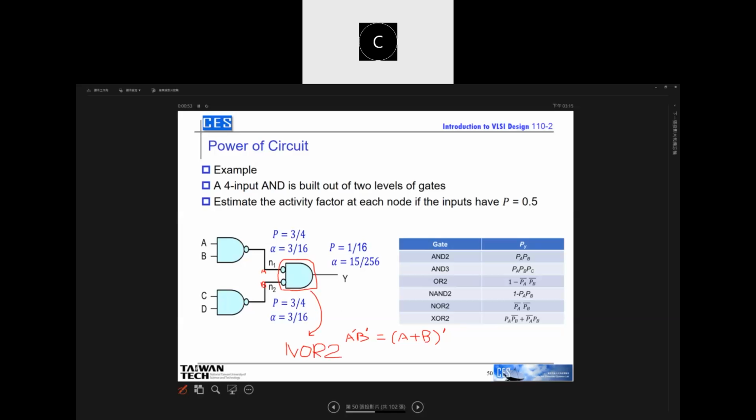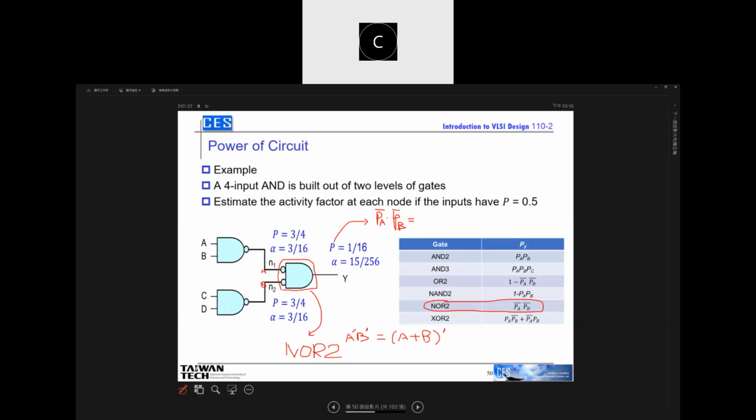And according to this table, the two input NOR gate probability is the probability of A bar and the probability of B bar. So when we want to calculate the probability here, this will be equal to PA bar times PB bar.